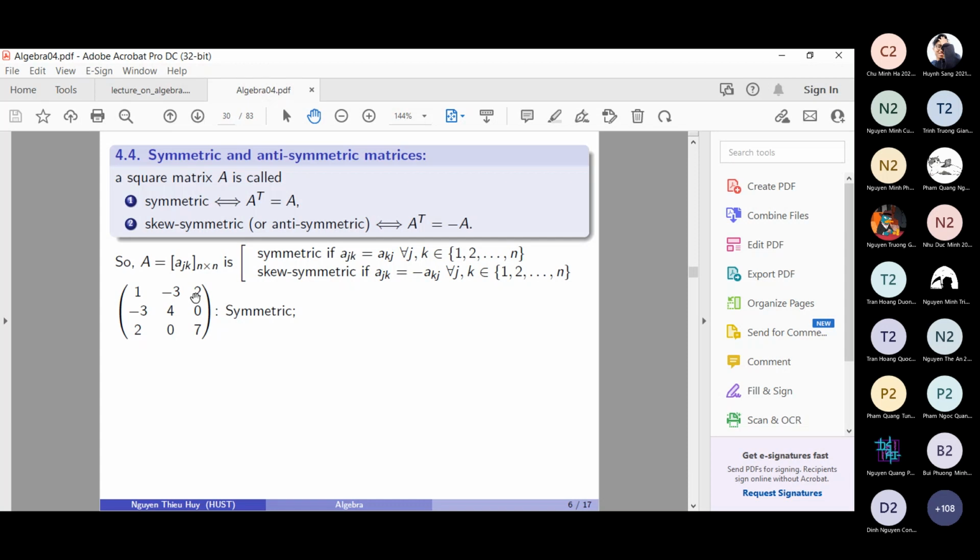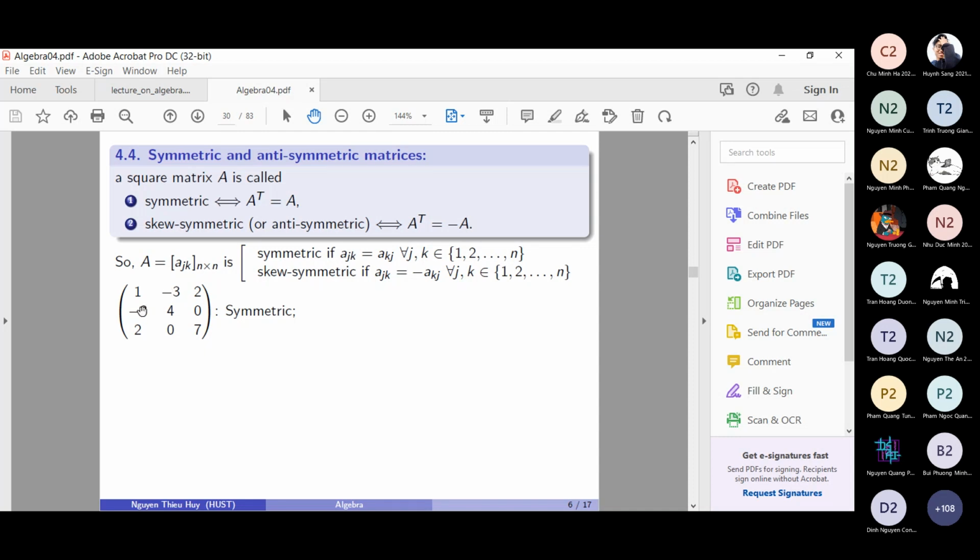Similarly, a13 is the same as a31. And this a23 should be the same as a32. So what does it mean? It means that the entries that are symmetric across this main diagonal should be the same.